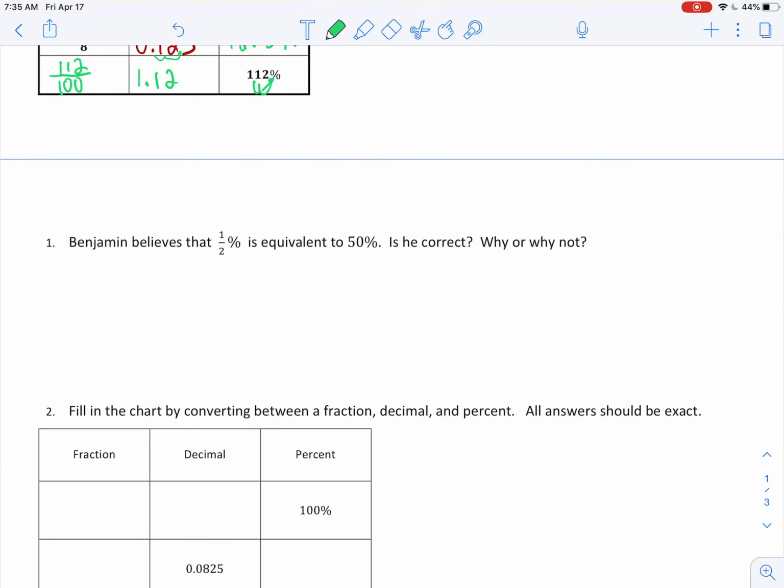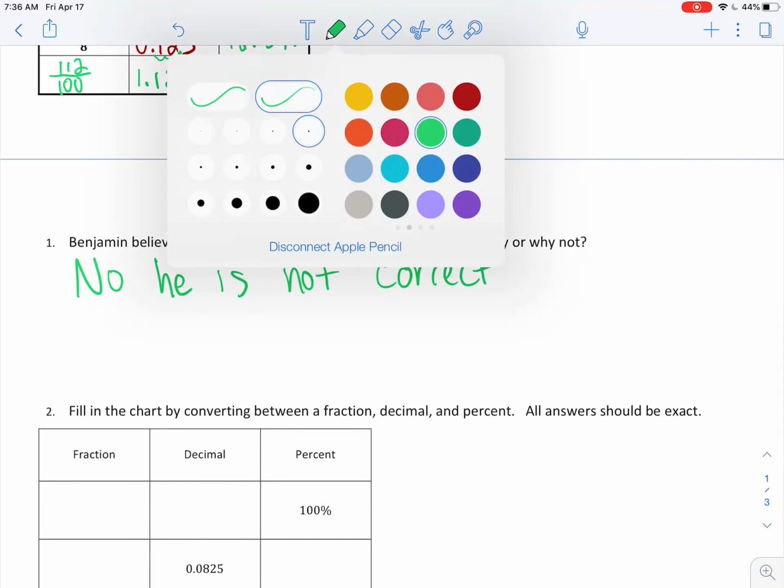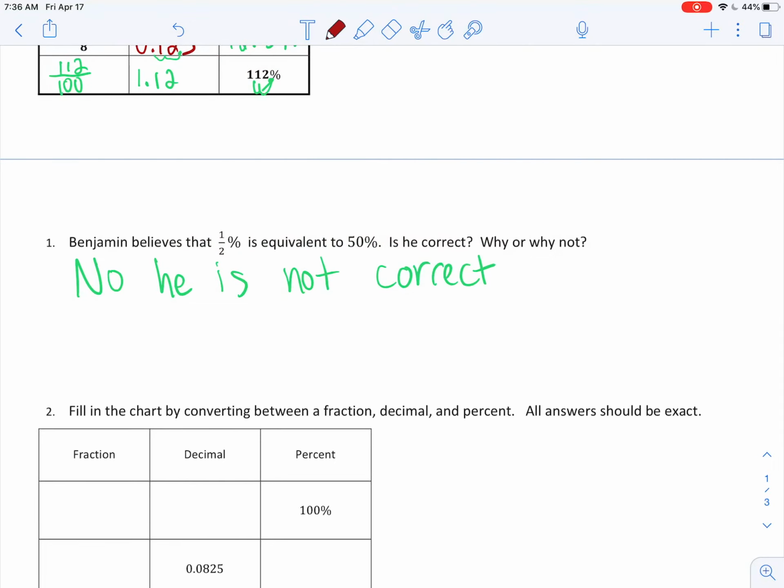Okay. Benjamin believes that 0.5% is equivalent to 50%. Is he correct? Why or why not? So 0.5%, is that equal to 50%? All right, some of you might be able to tell me right away that it is not correct. But if you need some more evidence here, 0.5%, okay, let's take 1/2, let's write that as a fraction over 100.